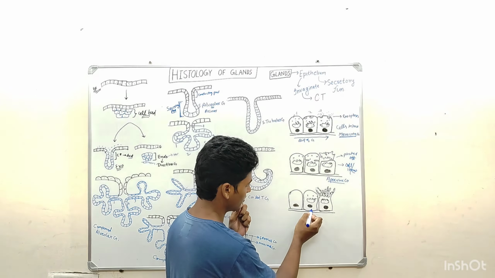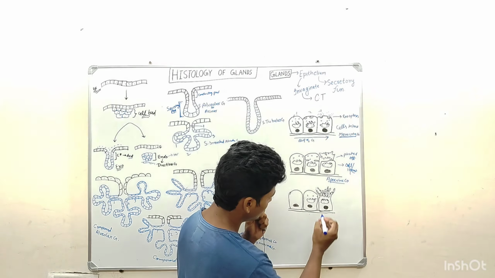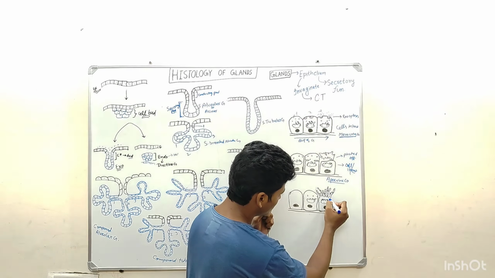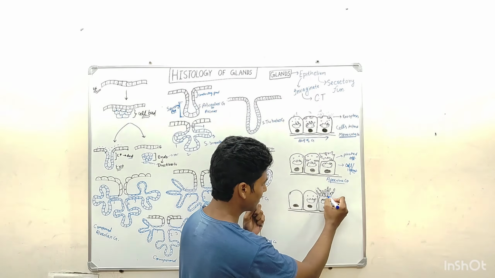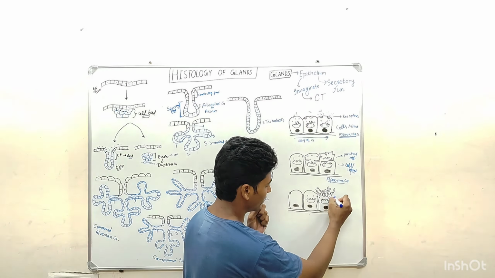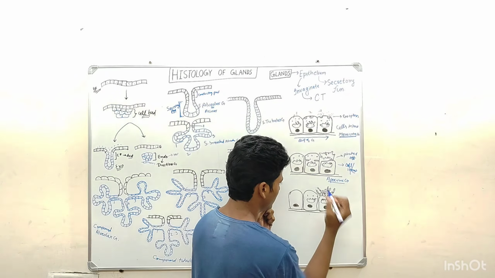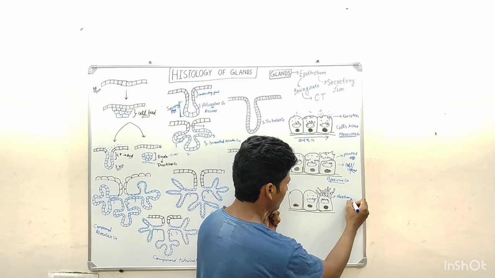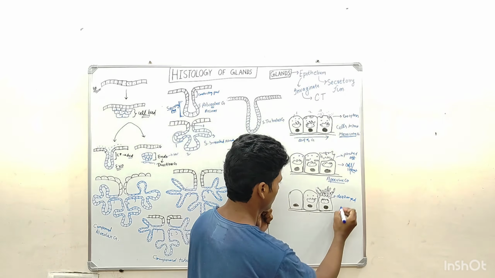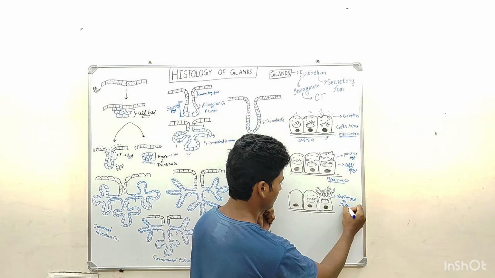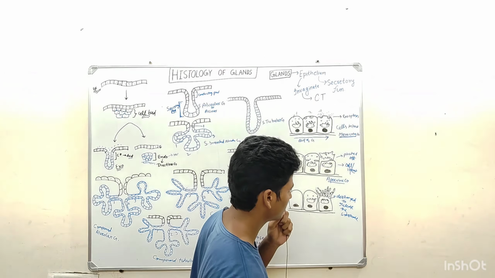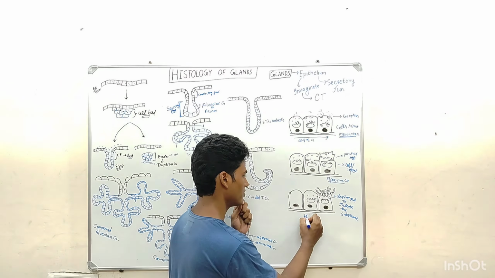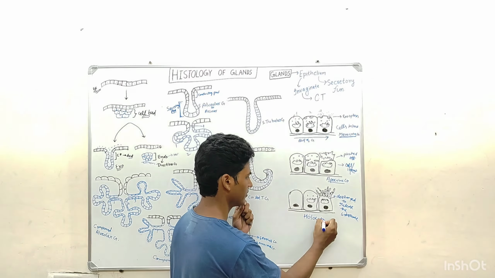And in this picture you will see that the cell is completely destroyed to release the substance, and such a kind of gland is called a holocrine gland.